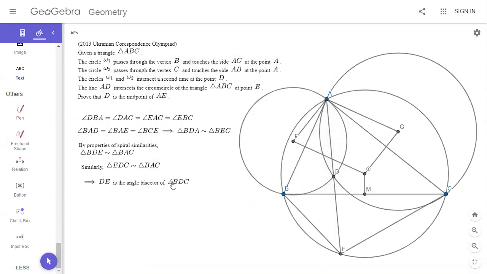And once we know it's the angle bisector, basically, yeah, we want to show like a harmonic conjugation.